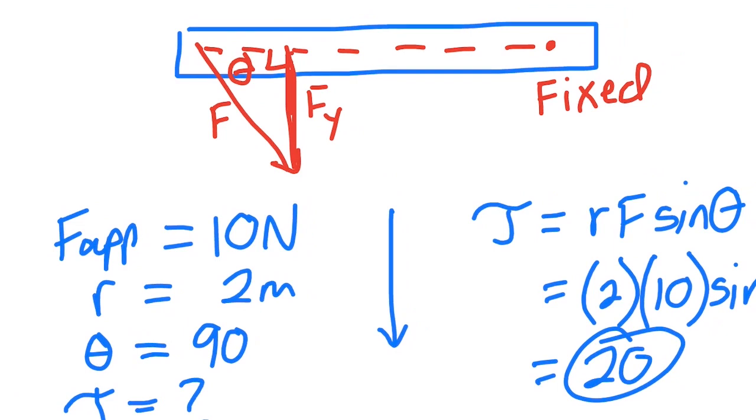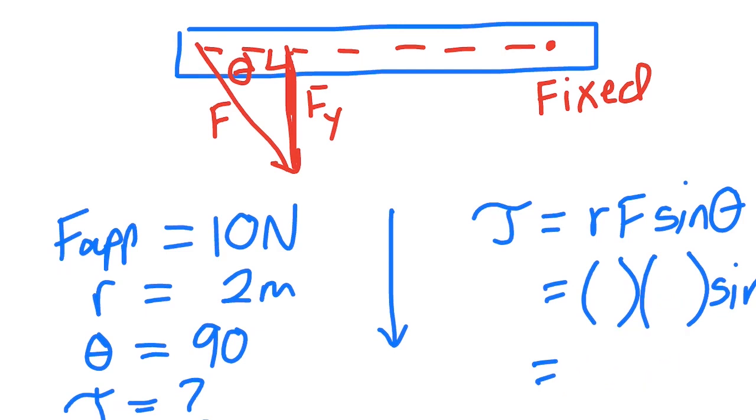And now let's do one more calculation here. So we're going to leave our equation up, and we're going to change out some of these values just to see how that impacts our value for torque. So let's change up our angle. Let's say in this case that we're applying a force at a 30-degree angle and trying to generate torque. So again, same scenario.